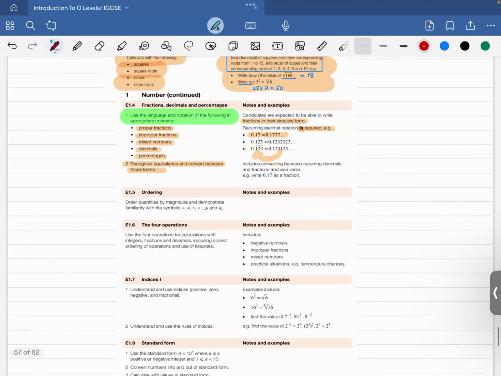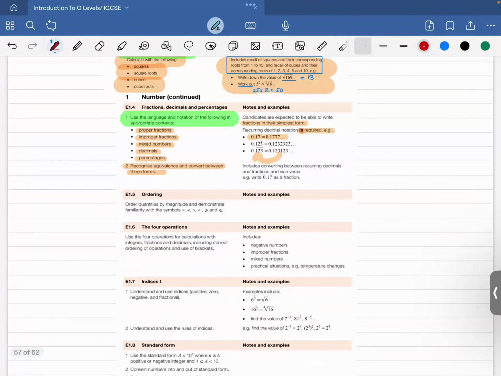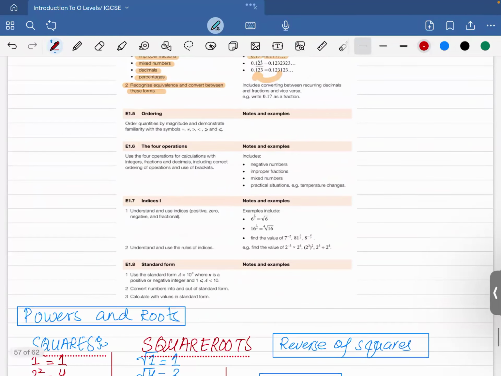In the numbers family, we are studying fractions and decimals. We have studied fractions and decimals today. Tomorrow we will do percentages, and along with that, ordering and the four operations, plus, minus, multiply, divide, and then indices will come. Is this clear? That is the reason, beta, you need to understand that numbers is the basic math which you study from grade 1 till grade 7. Agree or not?